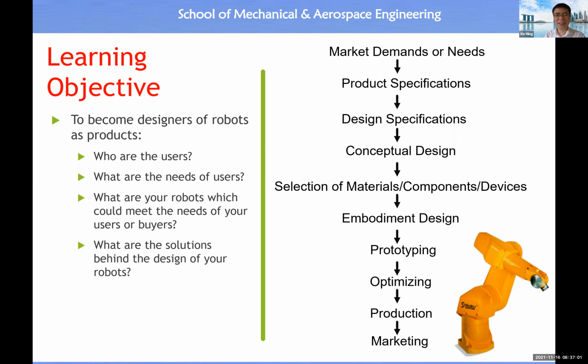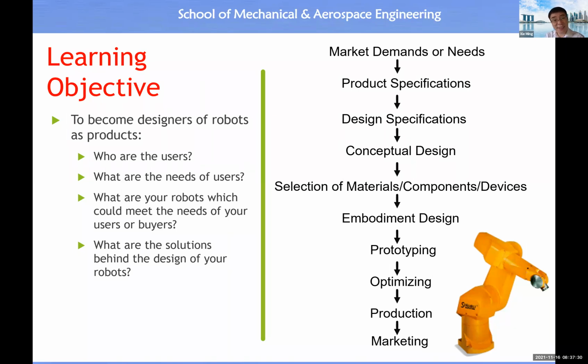So as a designer, you must have these 4 basic questions in mind. Question number 1, who are the users? Question number 2, what are the needs of the user? Question number 3, what is your robot which could meet the need of your user or buyer? Question number 4, what are the solutions behind the design of your robot?